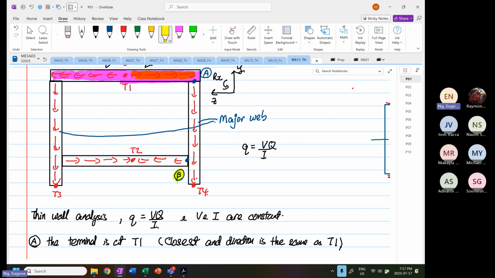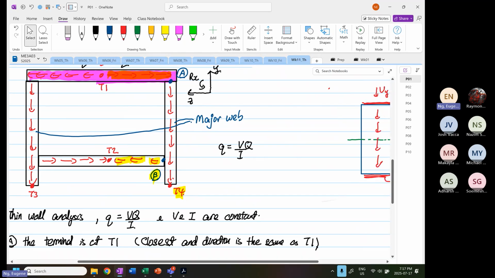If you look at the arrows at point B, they are running in a horizontal manner, so T2 is the terminal we should use. If you look at proximity, which is the closeness, then you should use T4. You see what I mean now? Which one should it be, T2 or T4?